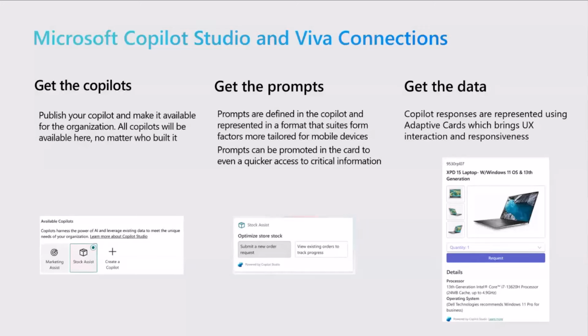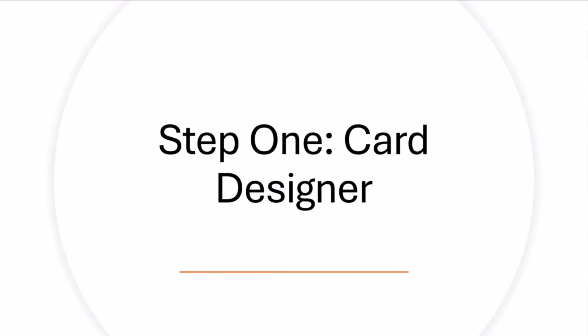You can bring those prompts to more prominent real estate if you need some of the actions to be immediately available to the user without going to the quick view. And all the quick views that you will see are completely powered by the Copilot built in Copilot Studio. With that said, let me put the light on the star of the show, which is Nick with his demo.